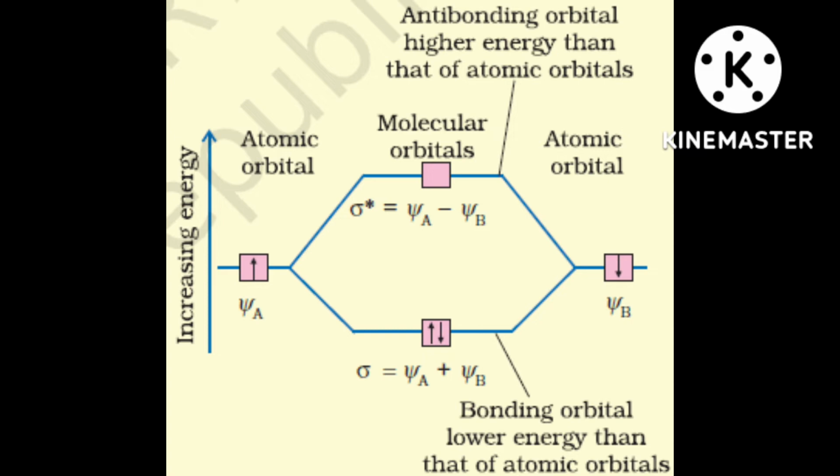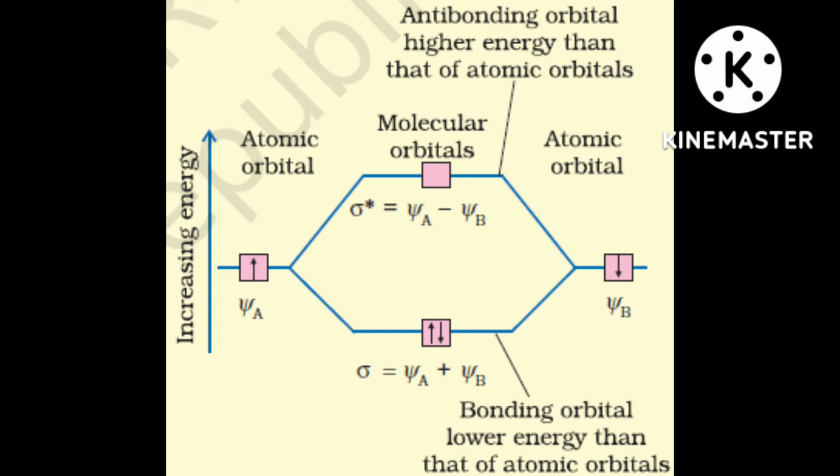Now just listen to all the things. Mathematically, the formation of molecular orbitals may be described by the linear combination of atomic orbitals, which can take place by addition and by subtraction of the wave functions of individual atomic orbitals.